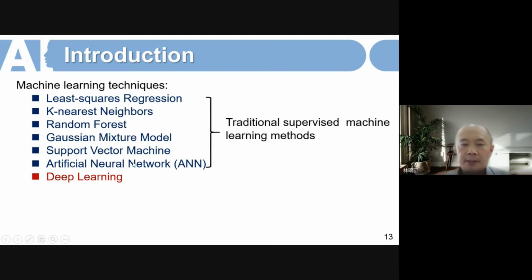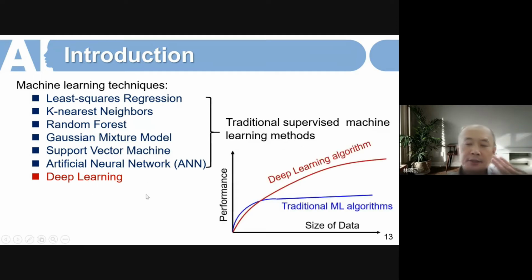We can classify those methods as traditional supervised machine learning methods. Lots of studies have reported that deep learning algorithms outperform traditional machine learning algorithms as the training data set increases.